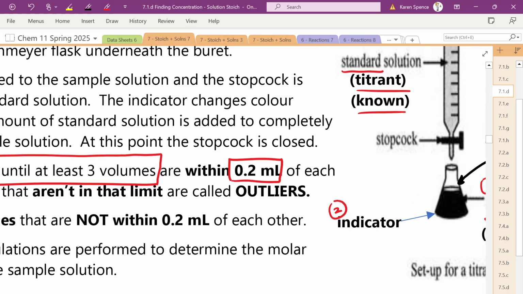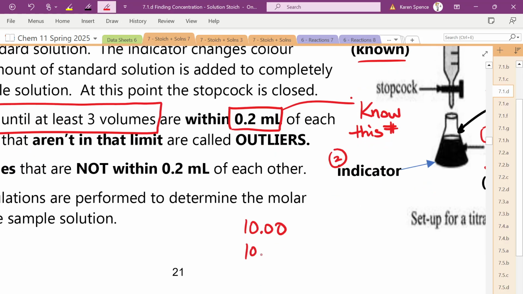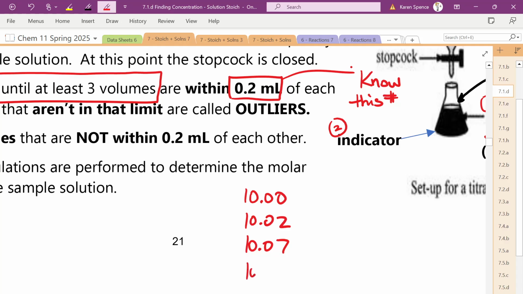You need to know that number. Okay, if you have something that is not within that limit, like let's say one of our volumes was 10.00 and we had 10.02 and then we had 10.07 and we had 10.01.